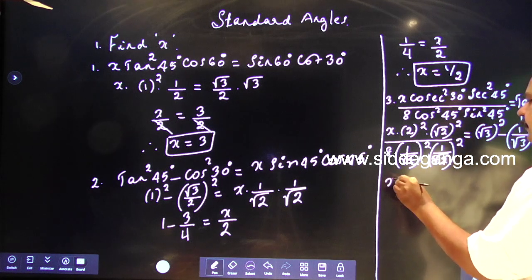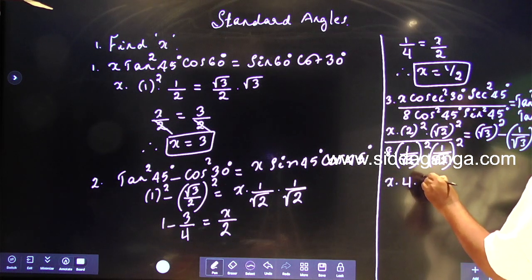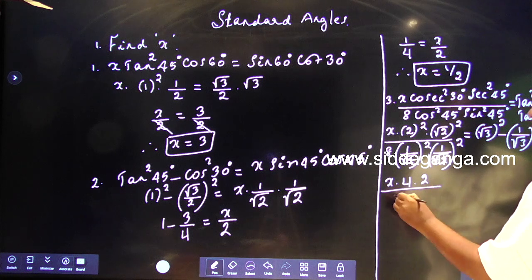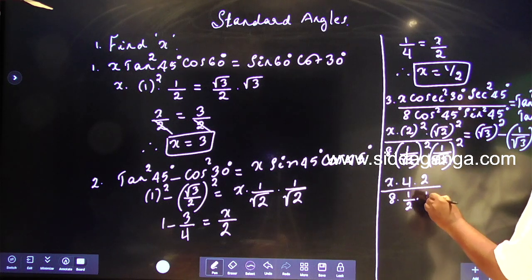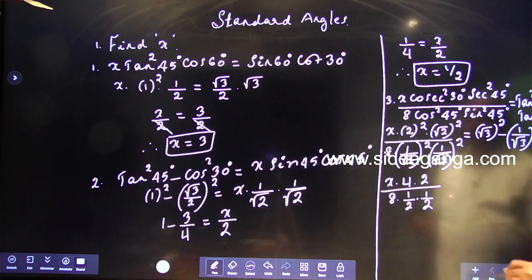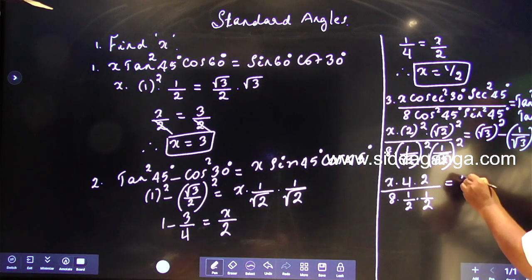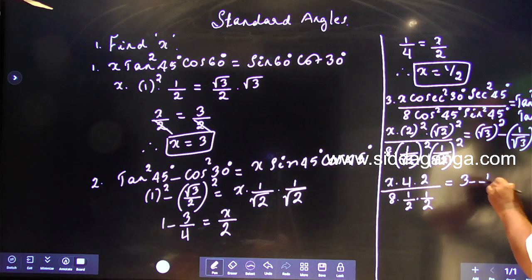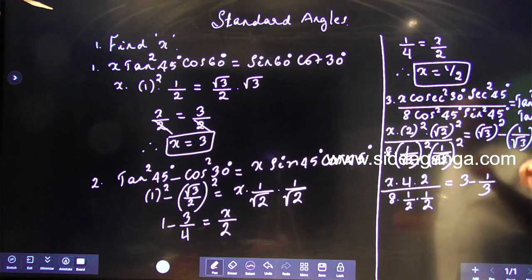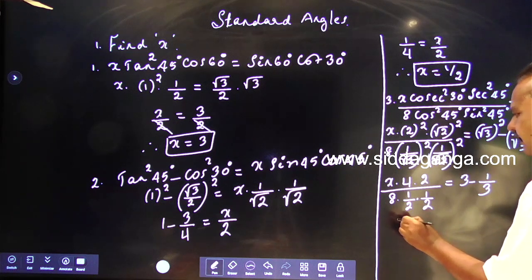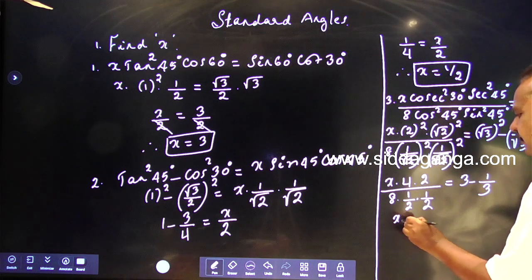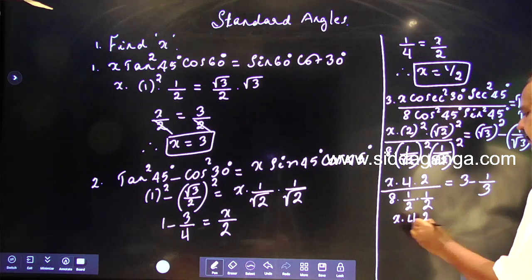X into 4 into root 2 whole square is 2. 8 into 1 by 2 into 1 by 2. That is equal to root 3 whole square is 3 minus 1 by 3. This is x into 4 into 2.